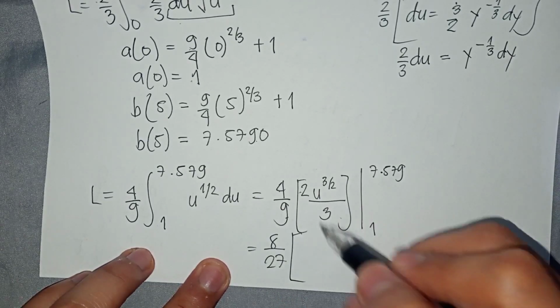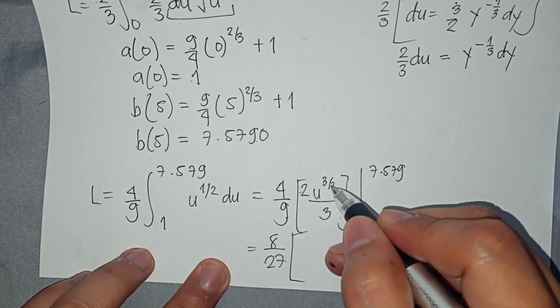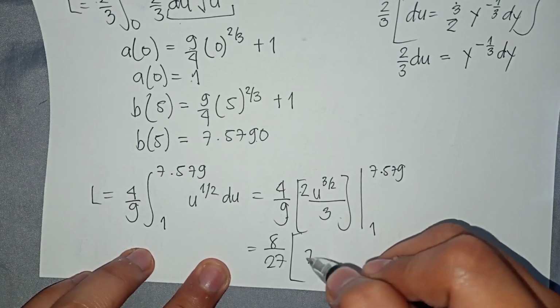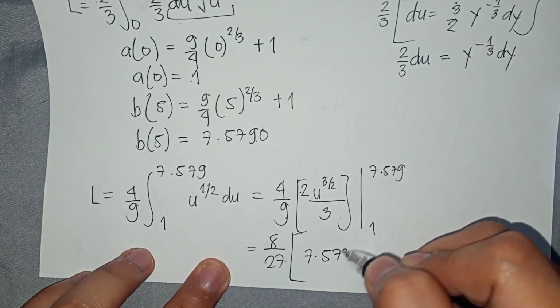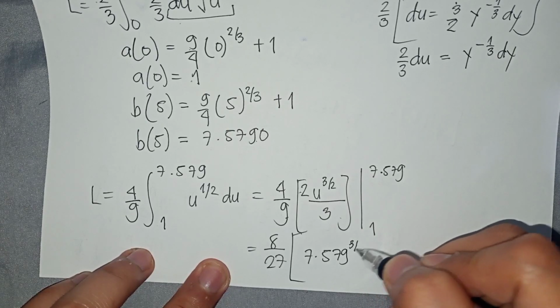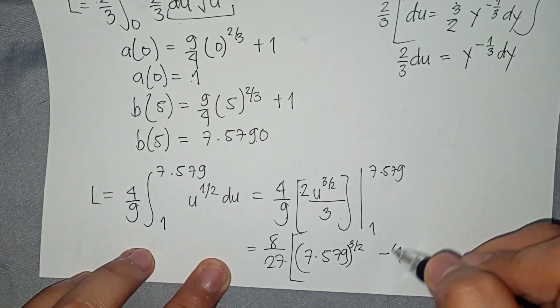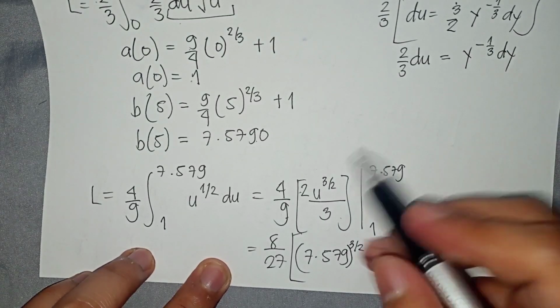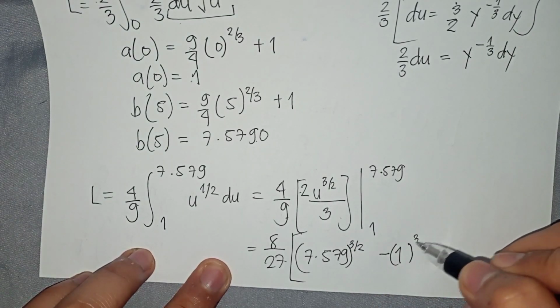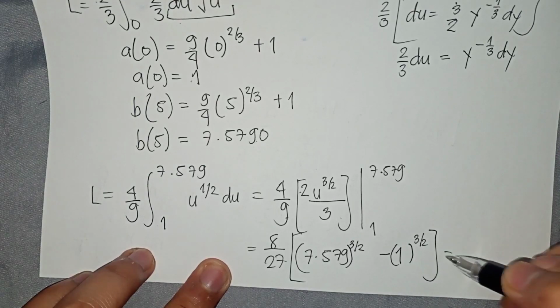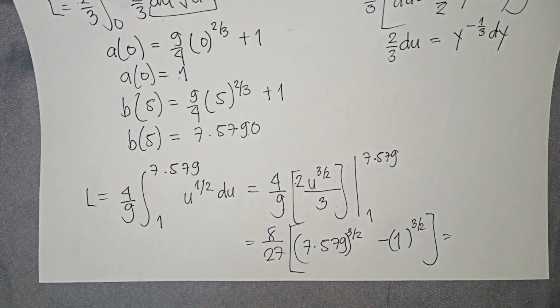Tapos, yung evaluate natin, yan ay u raised to 3/2. So, yung upper value, which is 7.579 raised to 3/2 minus 1, okay, 1 raised to 3/2. So, ano yung magiging final answer natin dito? So, evaluate natin.